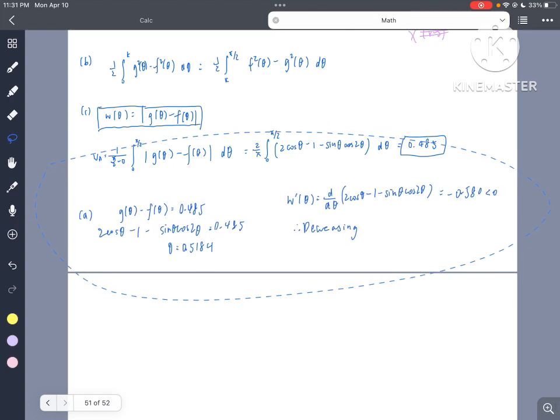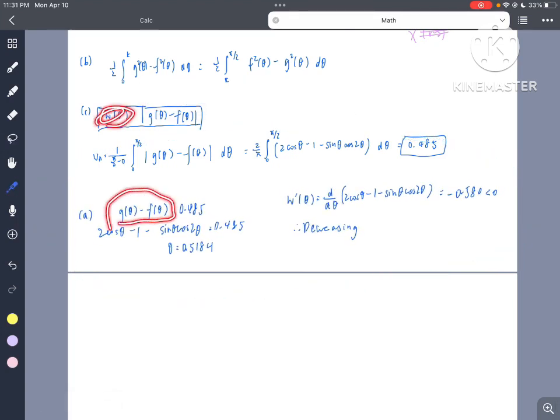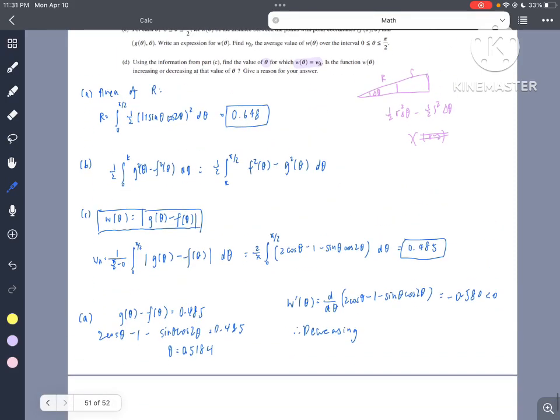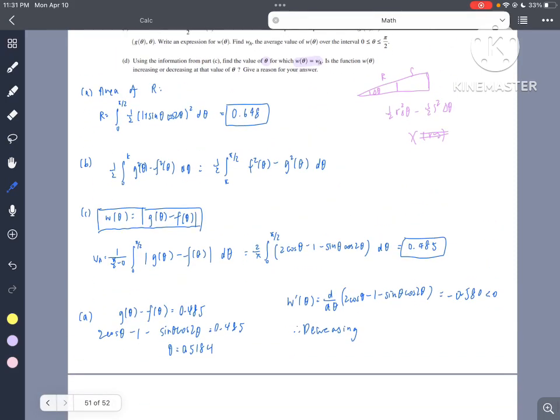So here is the work that I have done. I first let the expression of this be equal to the average I have found in the past. And then I use my graphing calculator to find the angle. And then I try to find the derivative, which I found was a negative number, which is smaller than 0. So it tells me that this value is decreasing.